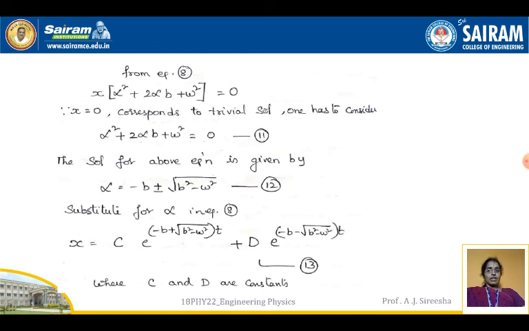Here the first term has minus b plus root of b square minus omega square, and the second term has minus b minus root of b square minus omega square, where c and d are constants.